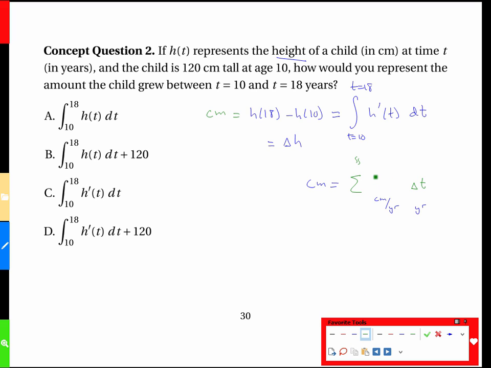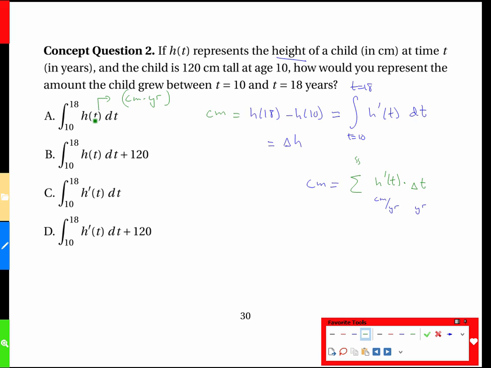The only way for that to work is to have h prime of t in there. H is in centimeters, its derivative with respect to time is centimeters per year, and then we get a nice product giving us centimeters back. If we look in contrast at the units here, we get centimeters times years. Adding those up, I'm not entirely sure what that would give you, but certainly nothing that answers the question asked here.